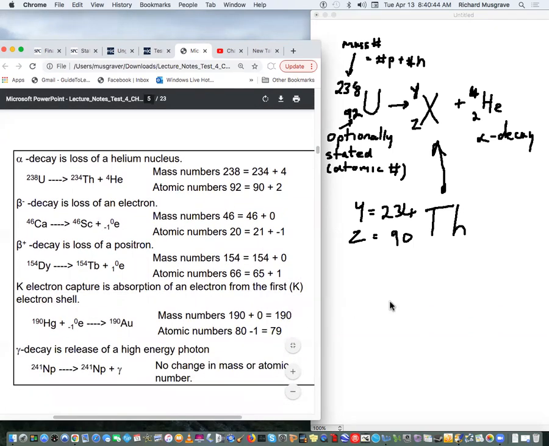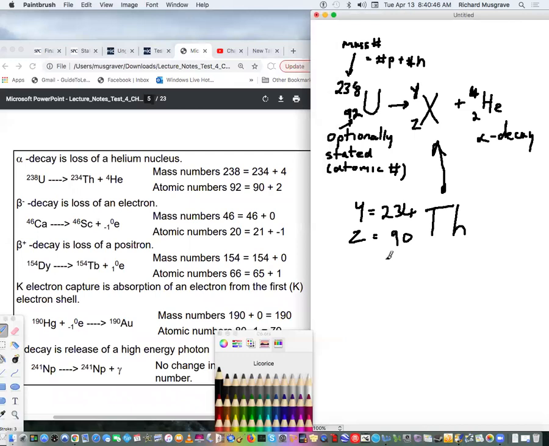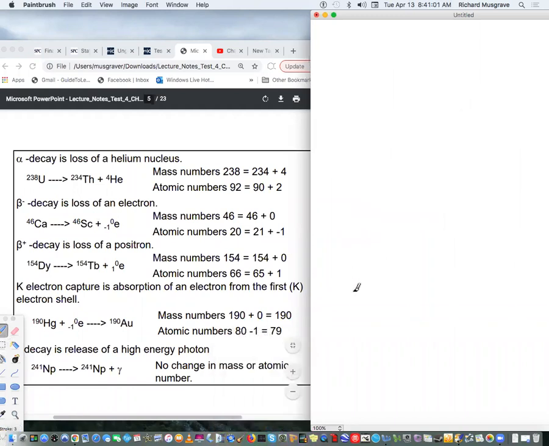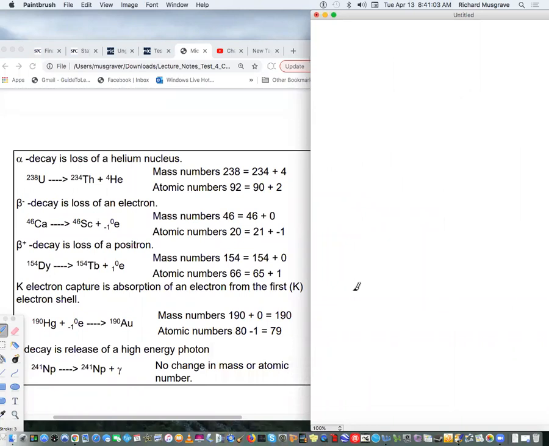All right, let's talk about the next one, which is beta minus decay. Beta minus decay is loss of an electron. So let's talk about this.